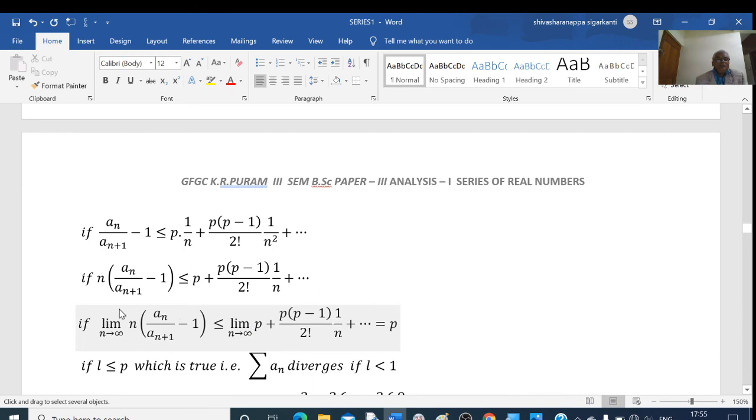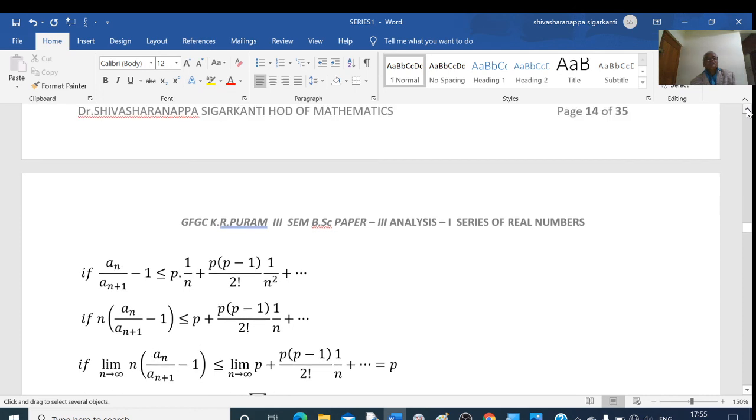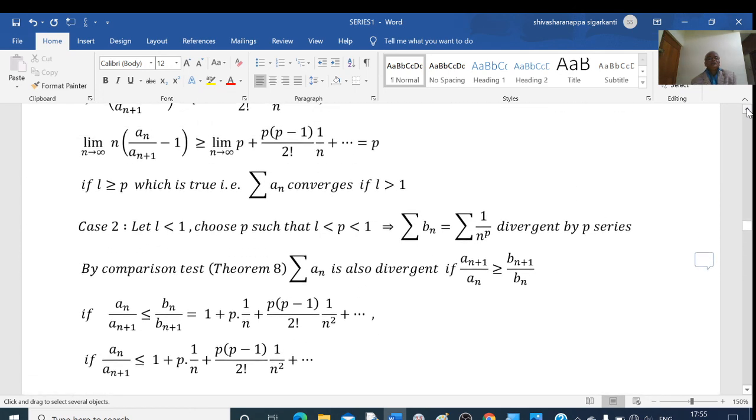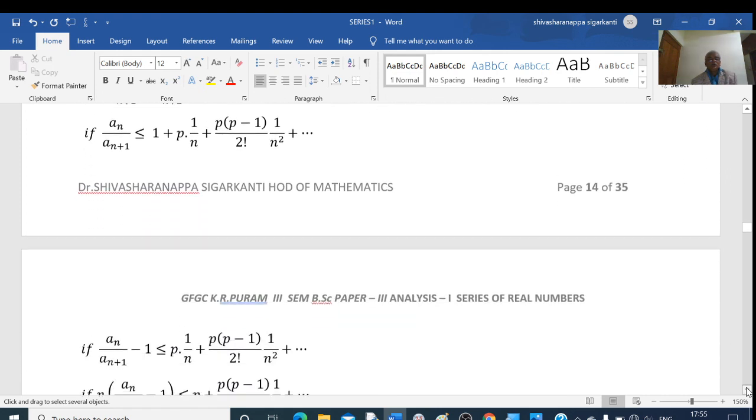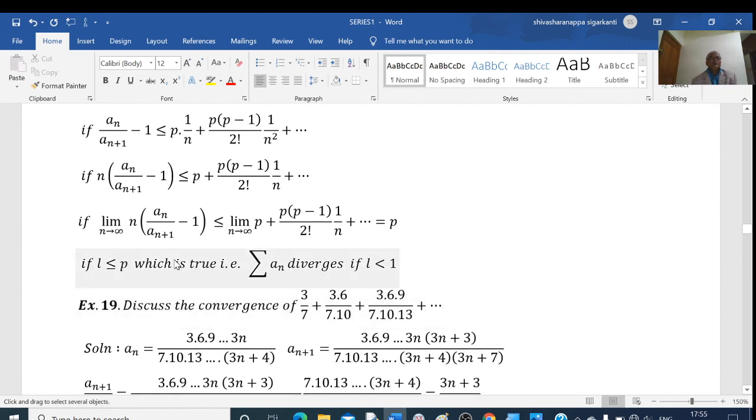Then what is the limit of the left hand side? This is equal to L. So sigma an is divergent if L is less than or equal to p. Is this true? Yes, this is true. We have chosen p such that L is less than p. What we proved here is the series sigma an is divergent if L is less than or equal to p, which is true.